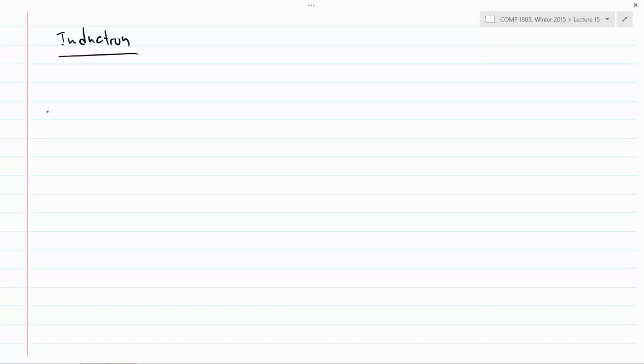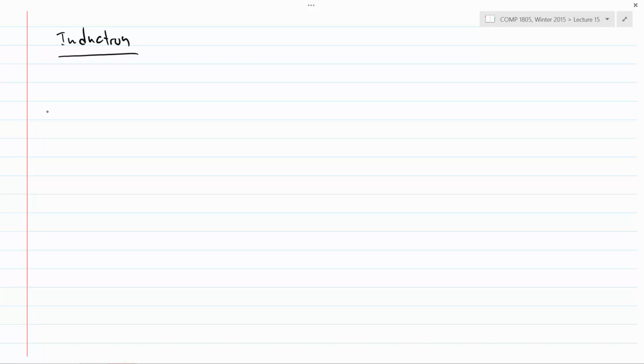So we know this one trick, this universal generalization trick, but that seems difficult to apply because we have to deal with this arbitrary element, and we don't really have a lot of leverage on it, right? We don't know anything about it. So what induction does is it lets us do this kind of universal generalization proof, but it gives us a little bit more leverage so that we know something when we're doing that.